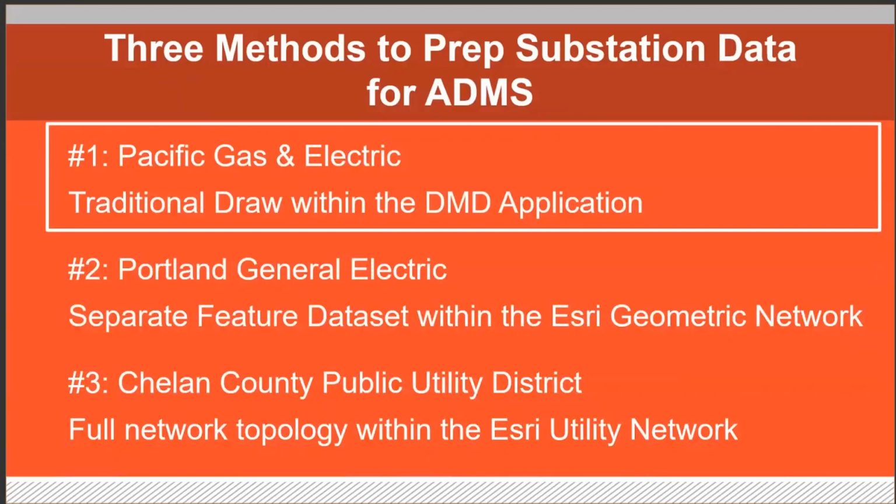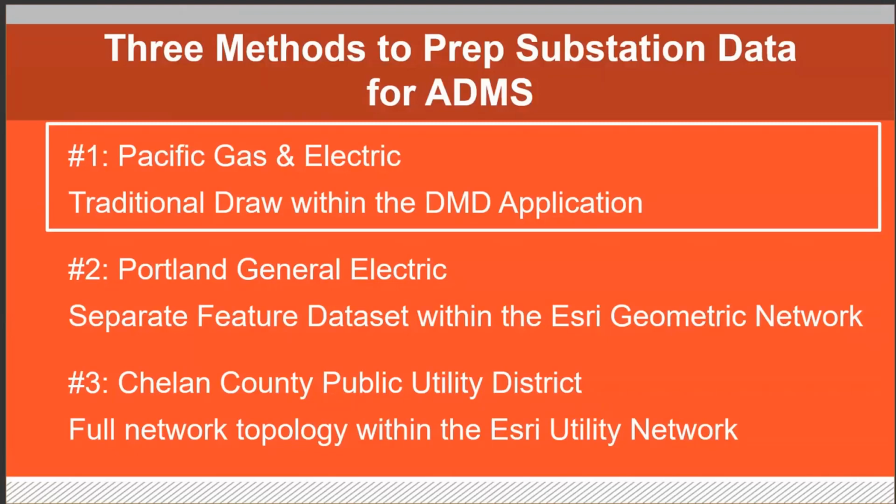I'm going to tell you why PG&E decided to do a direct draw within their ADMS's dynamic mimic display in order to converge the substation information into the model. Then I'm also going to tell you how Portland General created a separate feature data set to isolate responsibility and security between the substation and the distribution GIS editors.